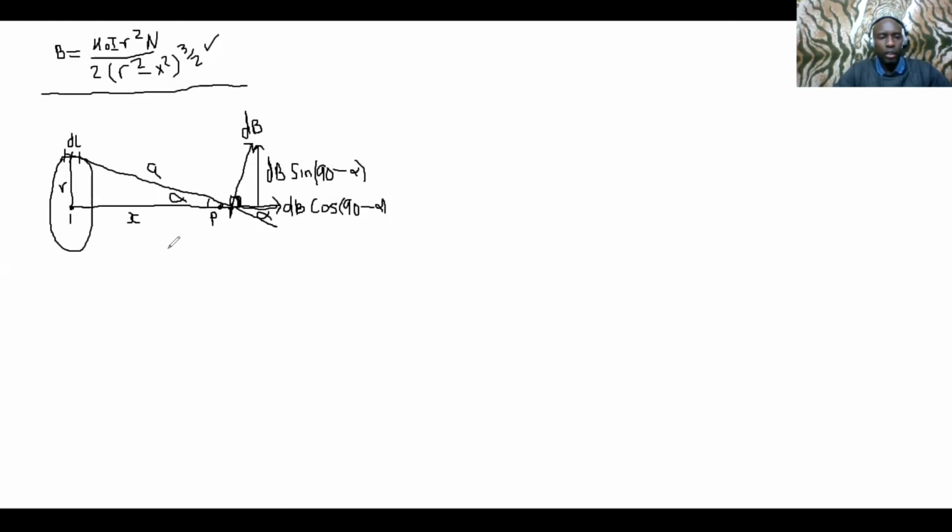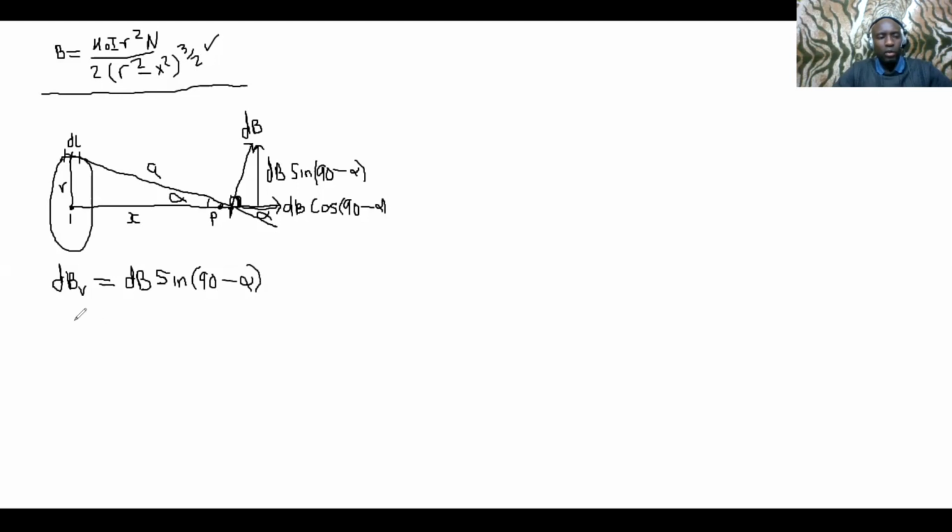We have two components. Now, let us call the vertical component dBV, which will be equal to dB sine of 90 minus alpha.